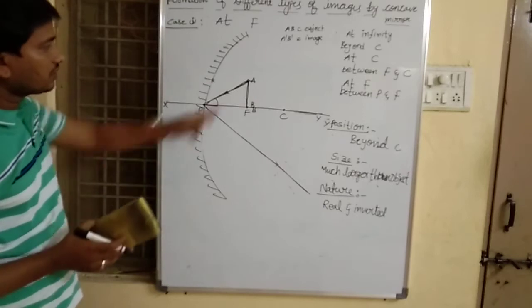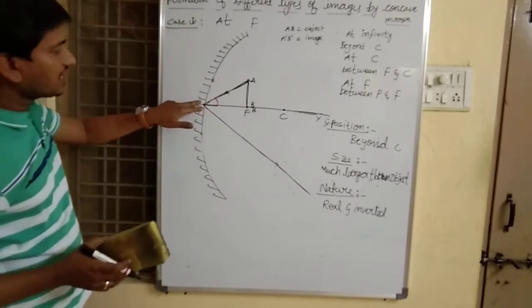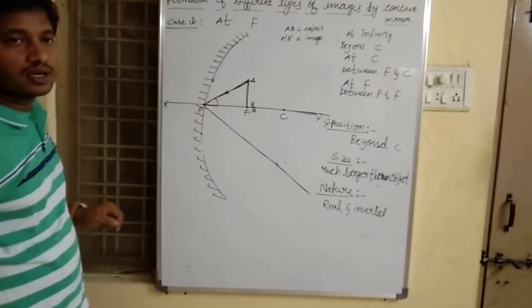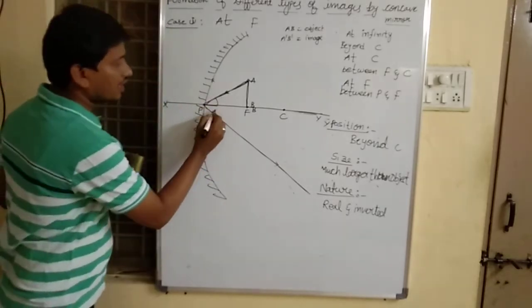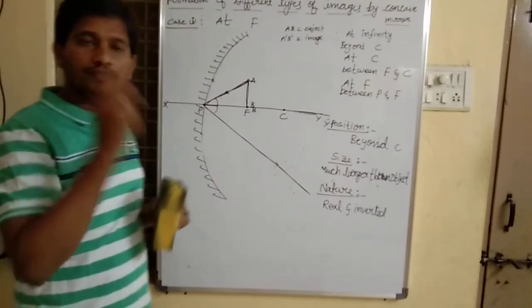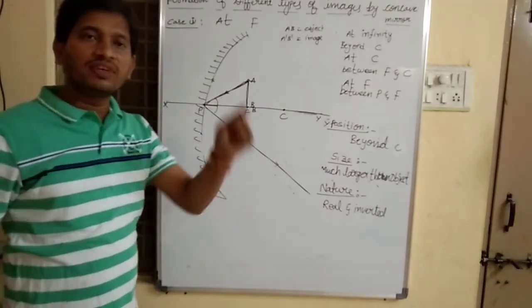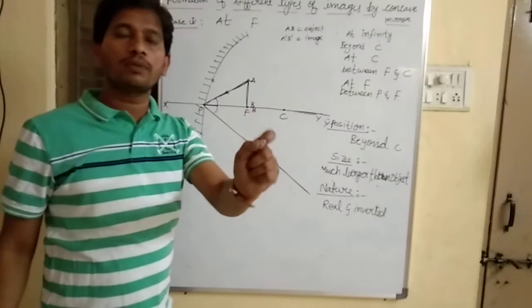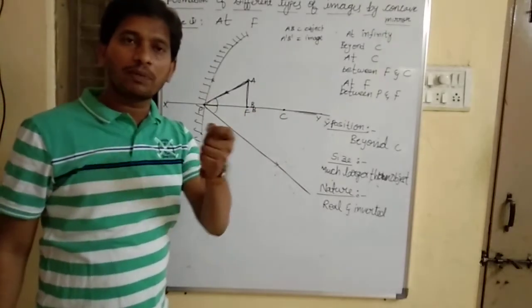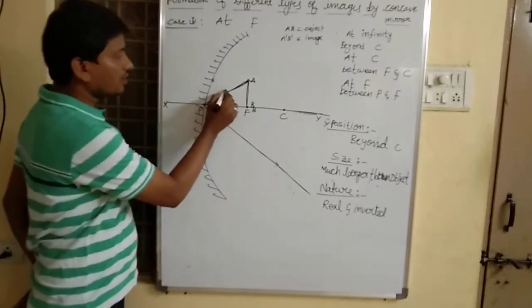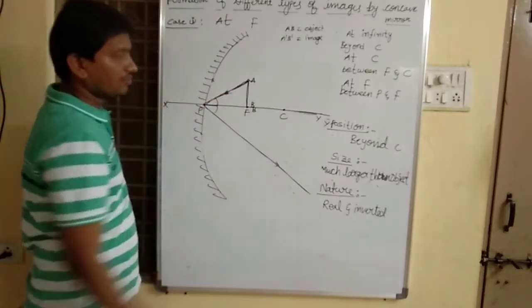According to rule number 4, when a ray of light is incident at the pole of a concave mirror, after reflection it makes the same angle with the principal axis.